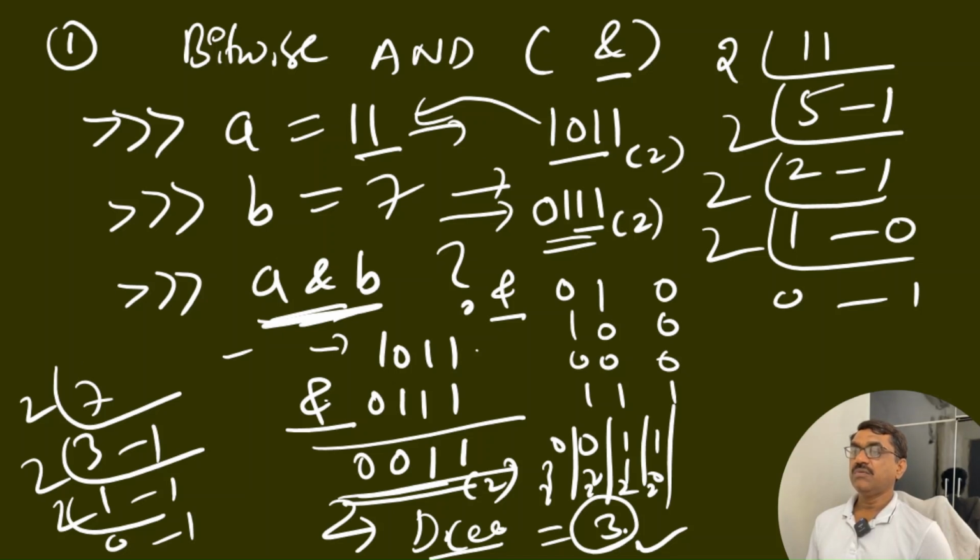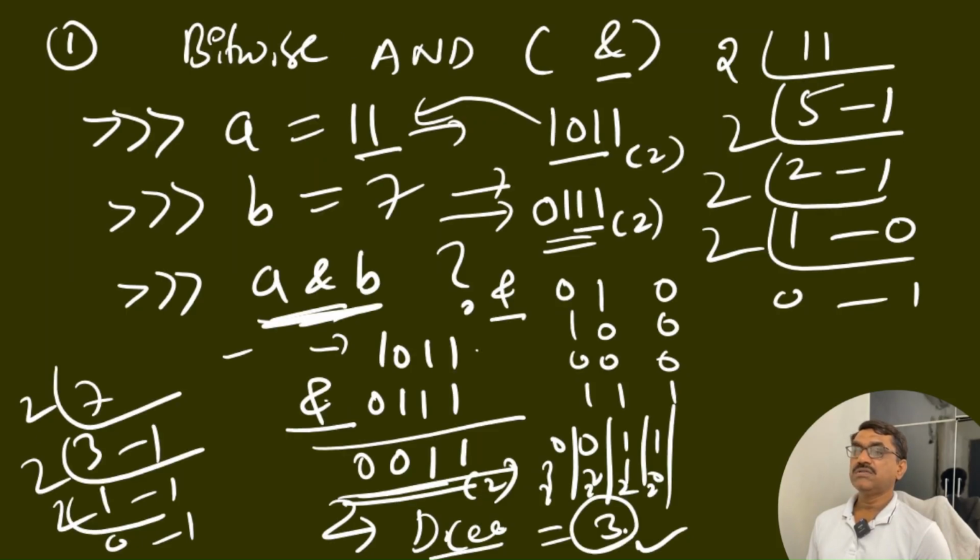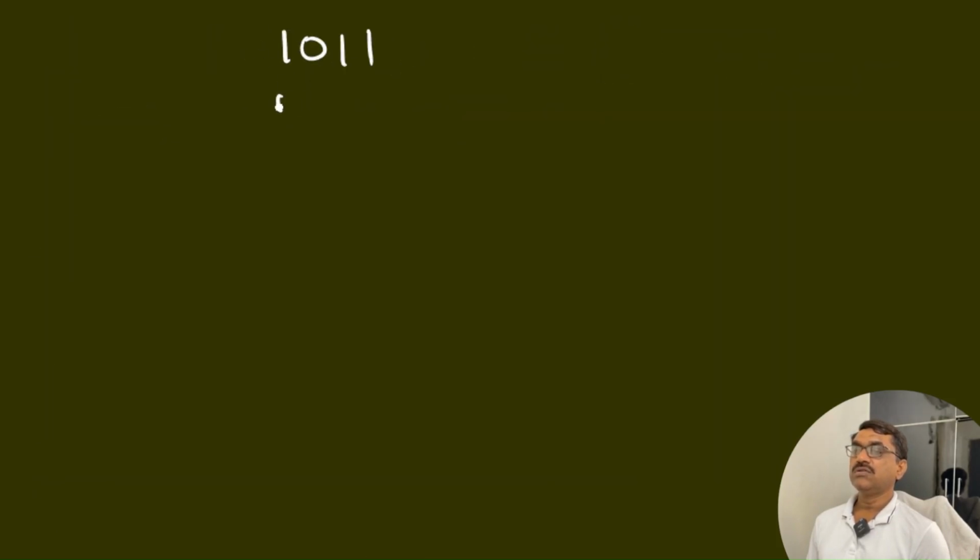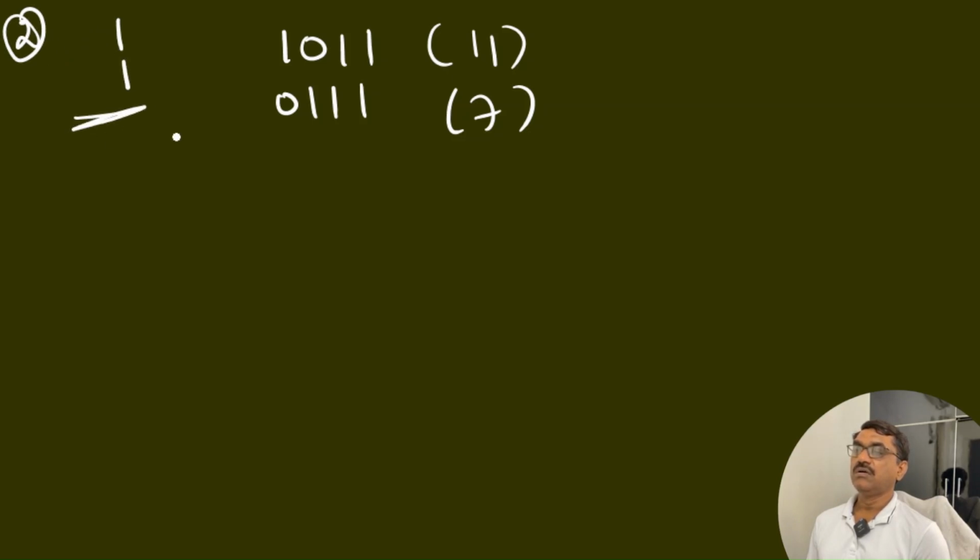Now for the same numbers, for example, here we have 1011 and the other number is 0111. The first one is 11 and the second one is 7. Now we are going to apply the next operator, bitwise OR. Here I am applying bitwise OR.